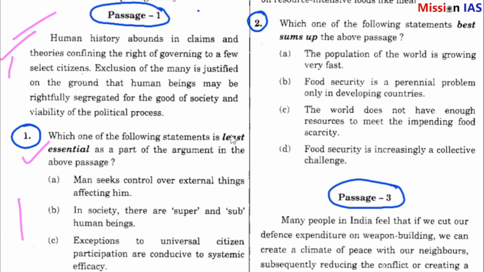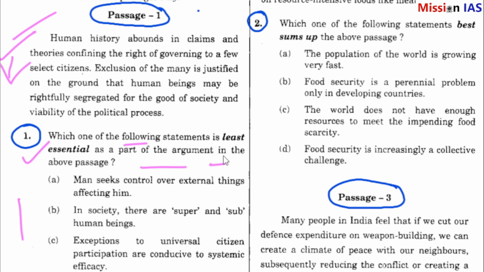Or you can first read the questions and then find the answers from the passage. This is another way. There are no restrictions. Do whatever is good for you, whatever you think is simple for you. Make it simple, then you can get through it.